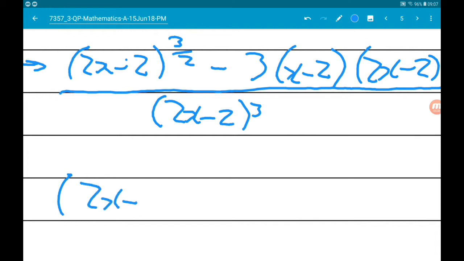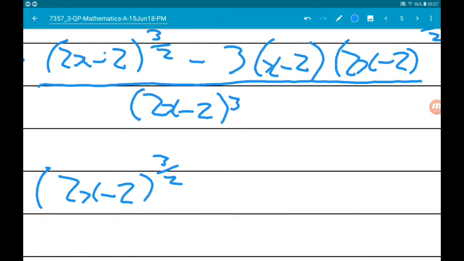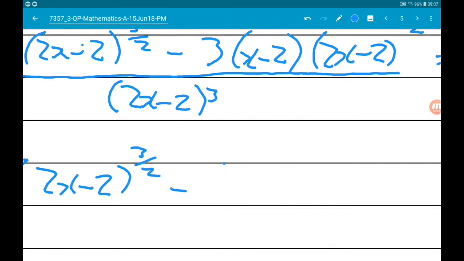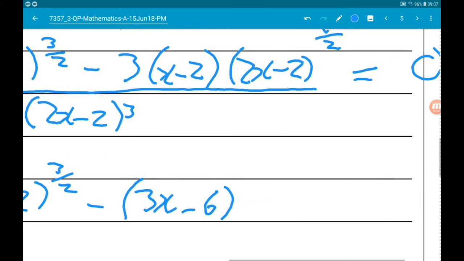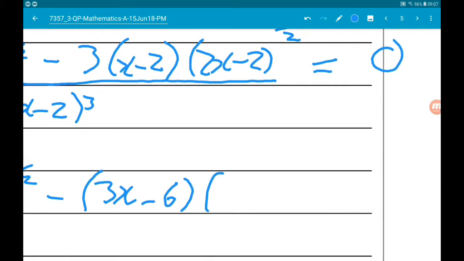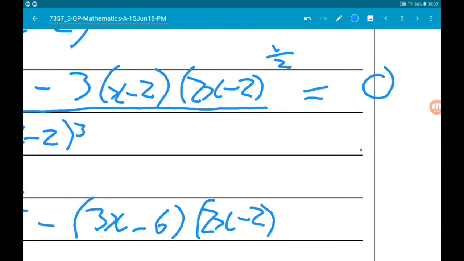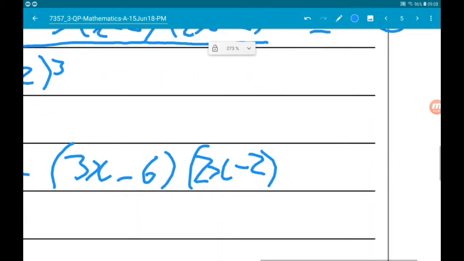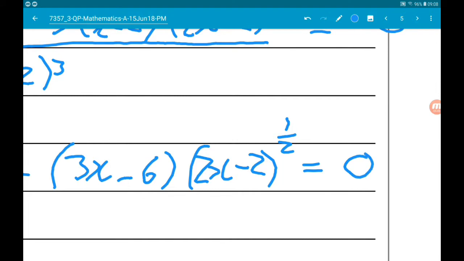So we get 2x minus 2 to the 3 halves minus, let's let that 3 into the x minus 2, so we got minus 3x minus 6 times 2x minus 2 to the power of 1 half is equal to 0.